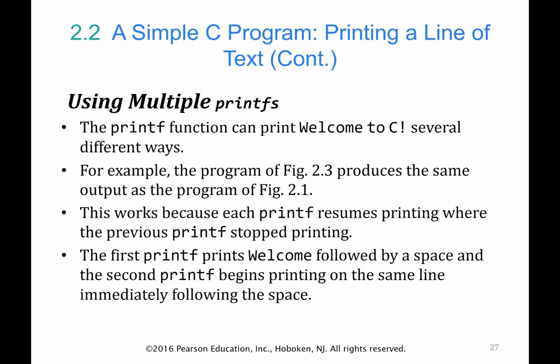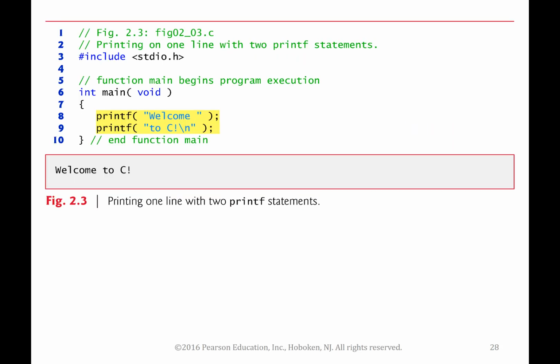Okay, using multiple printfs, we can stick multiple printfs as much as we want right here. Here he's shown an example. I'm not going to type this in there. But here we've got two printfs. Now one of the things to notice about this printf here is that there's no escape sequence at the end of this line.